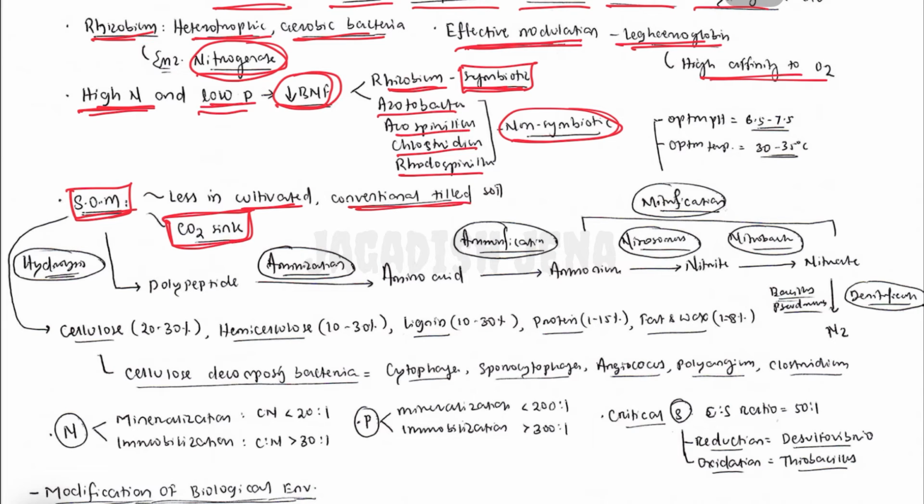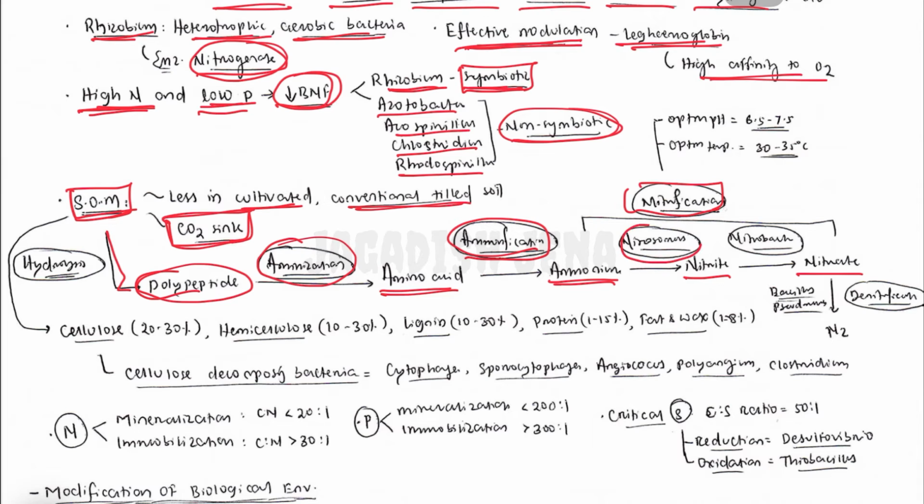There are different polypeptides found in soil organic matter, which in the process of aminization convert into amino acid. Then through the process of ammonification, they convert to ammonium. Then through the nitrification process, they convert to nitrite and nitrate.